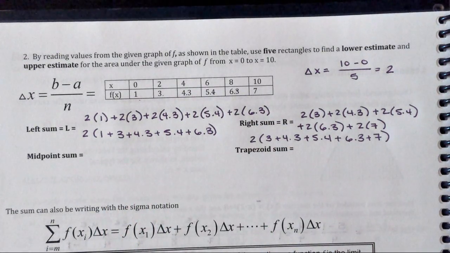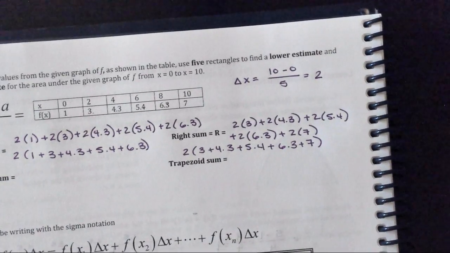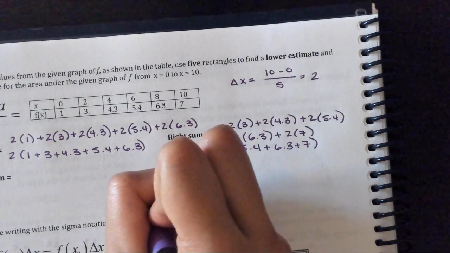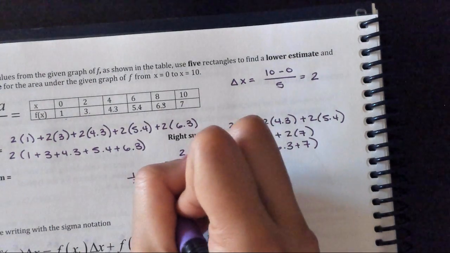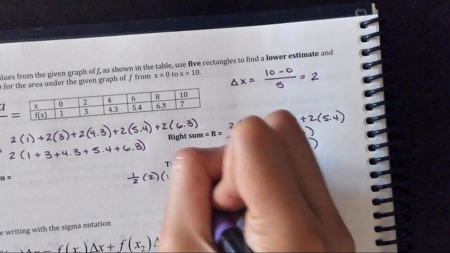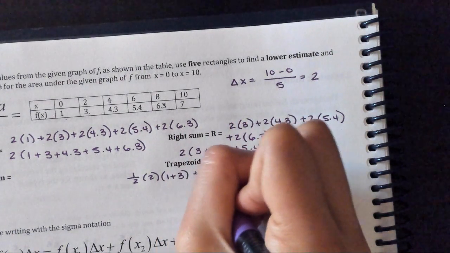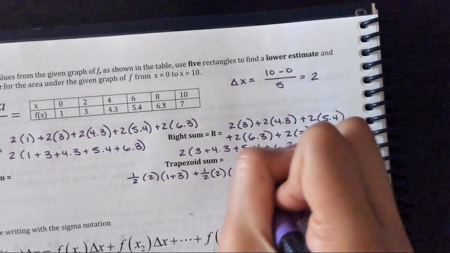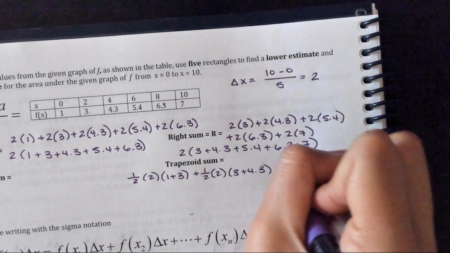I can do trapezoid though. Trapezoid, we either do 1/2 times the base is 2, times 1 plus 3, plus 1/2 times the base is 2, times 3 plus 4.3, and then you keep going.